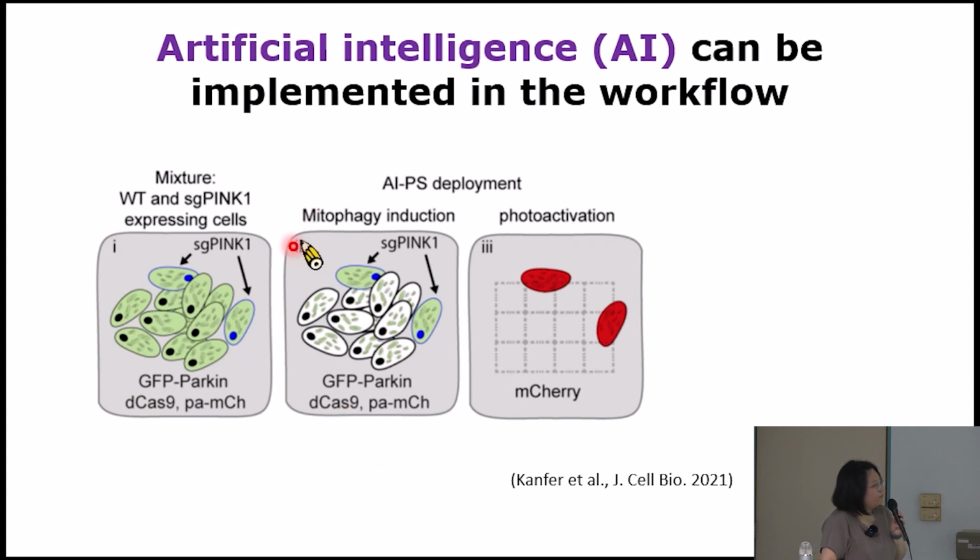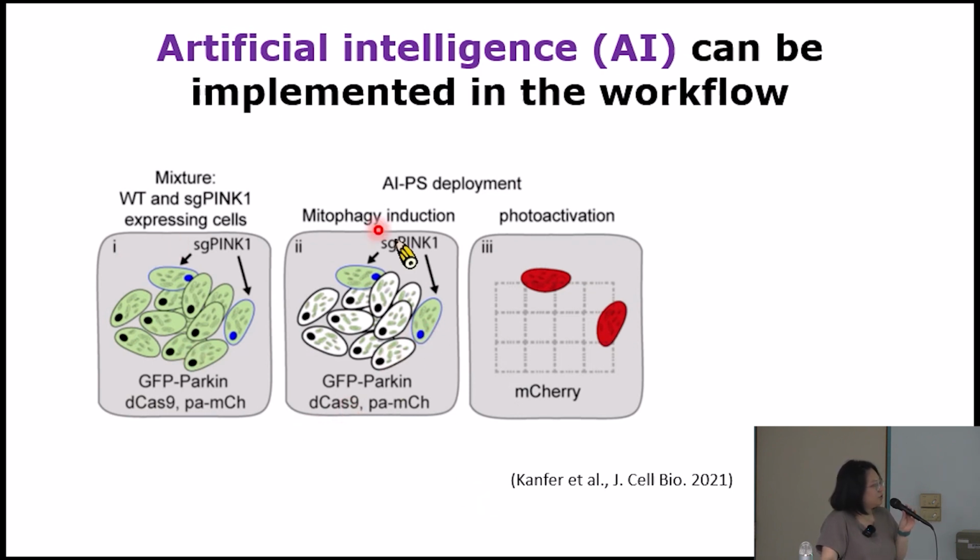Okay, so if in the population of cells that all express GFP-parkin, mitophagy is induced, then the parkin would translocate into mitochondria. But this translocation depends on another protein called PINK1. So if you mix in a small population of PINK1 depleted cells in this population, then you're going to see these two cells, they won't have translocation of parkin, right?